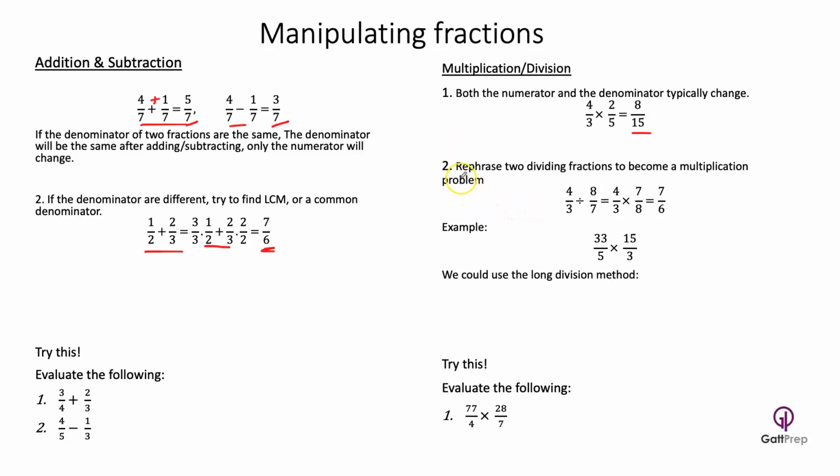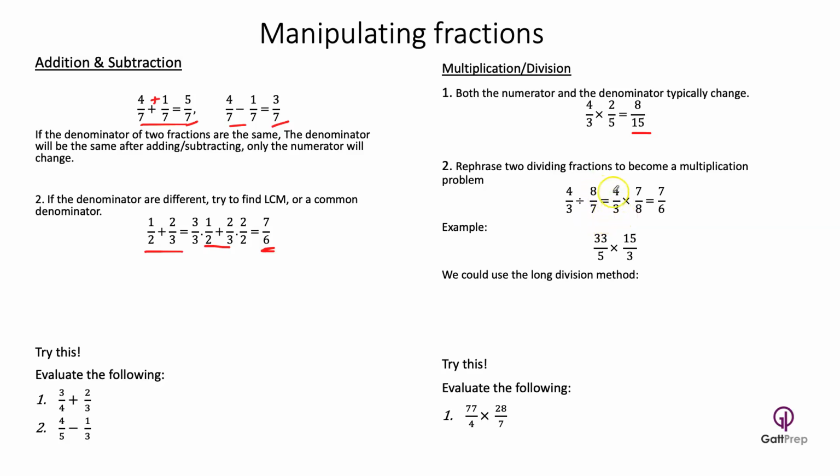Now in this second problem, we have two fractions being divided. We can rephrase dividing fractions to become a multiplication problem. Here you have 4 over 3 divided by 8 over 7. To transform this into a multiplication problem, you can switch the positions of the numerator and denominator of the right side fraction.